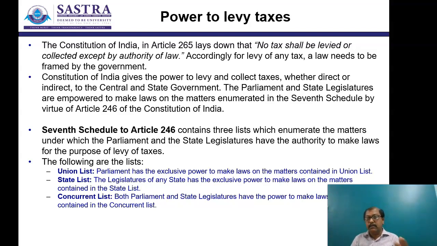So according to Article 246 of the Constitution, there are 3 lists. According to these 3 lists, taxes are levied by the state government, the central government, and sometimes jointly and concurrently by the state and central government. So they have the powers to levy taxes as far as India is concerned.